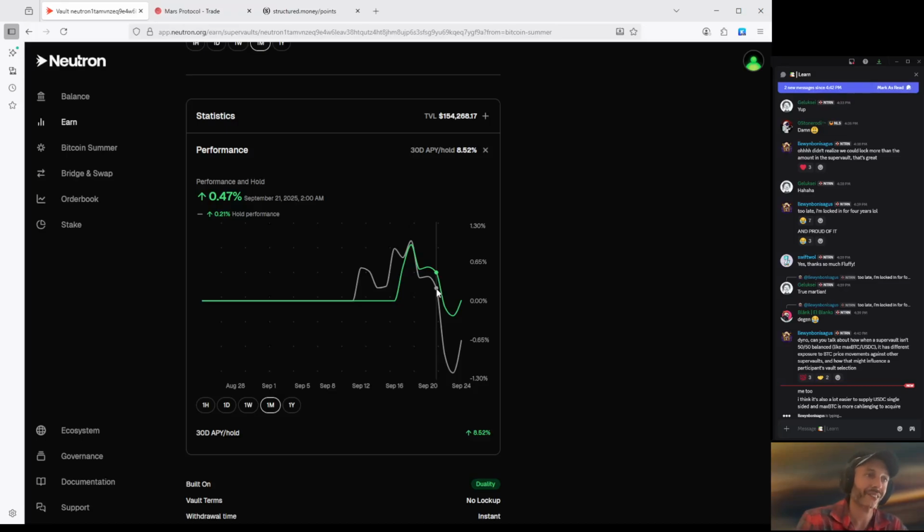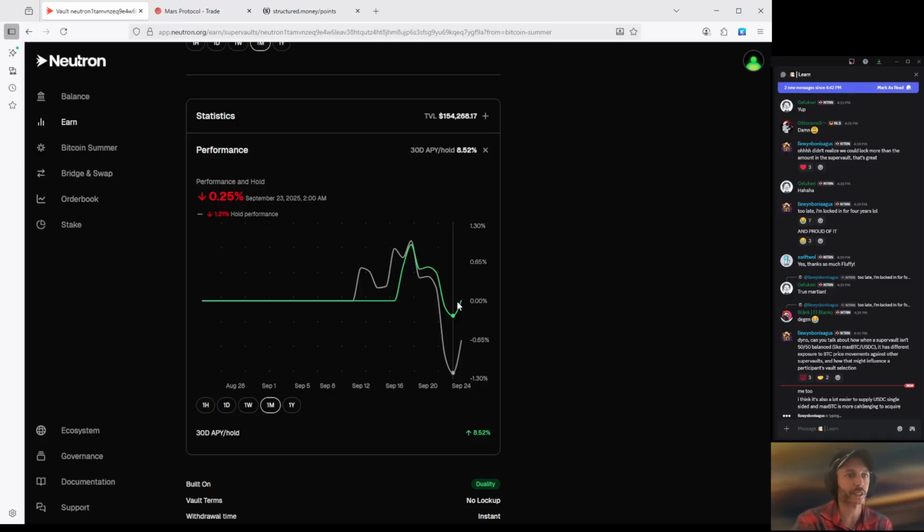That's why the green line goes down, but the gray line goes down more, because the gray line is if you were holding 50% Bitcoin. The vault goes down because you do have exposure to the underlying risk asset, in this case maxBTC, but in this specific case the vault was imbalanced, so you didn't lose as much. In this case, the imbalance actually helped depositors.